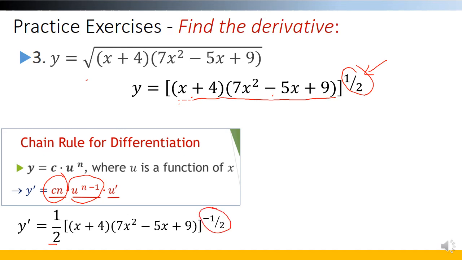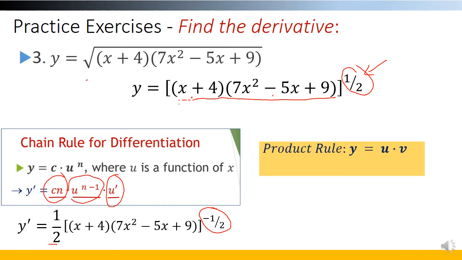Okay? And now for the third factor, we need to get the derivative of this base. Okay? Notice that this base is a product. So, we have to recall the product rule. Okay? Sabi ng product rule, prepare natin to. We copy this, multiply it by the derivative of this one. And then, copy this, multiply it by the derivative of this one. Okay? Yan. So, ang style natin, di ba, we differentiate each factor first, tas para tayo nagko-cross-multiply lang.